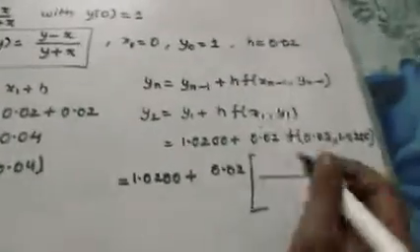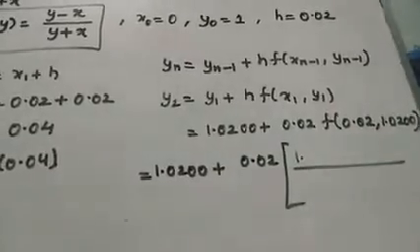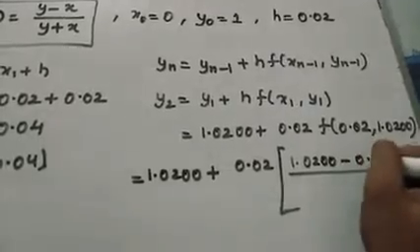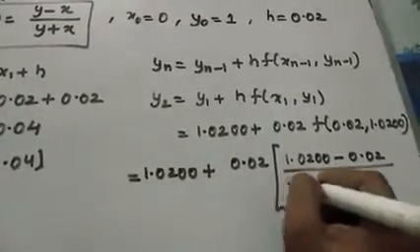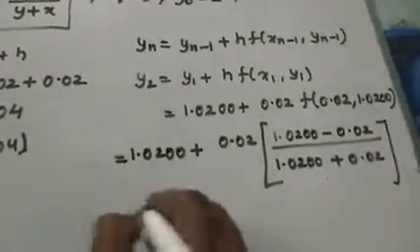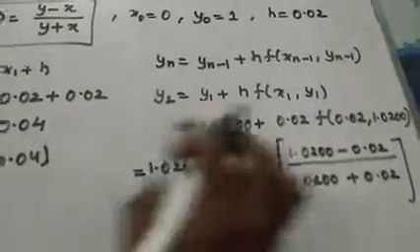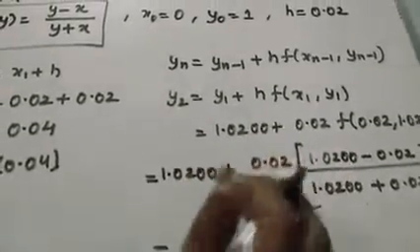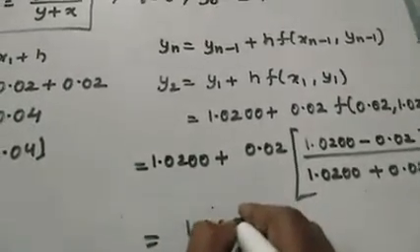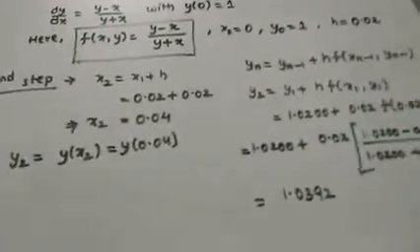So putting the values, y minus x, that means 1.0200 minus 0.02, by y plus x. If you simplify this, first divide, then multiply, then add, after doing all this you will get your y2 as 1.0392. Okay, so this is your y2.